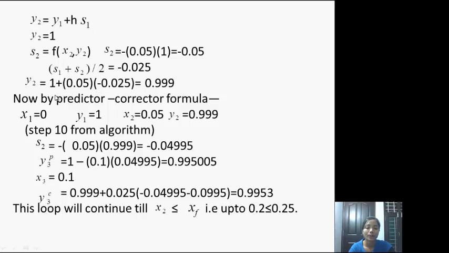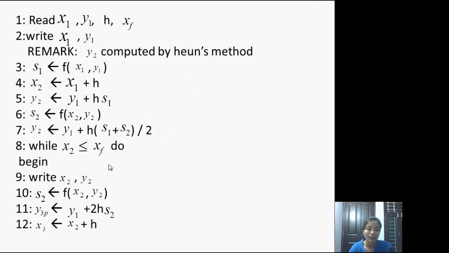Now next, by the predictor-corrector formula, our x1 is 0, y1 is 1, and we have calculated the value of x2, that is 0.05, and y2 is 0.99999. Step 10 from the algorithm is f of x2 comma y2, the slope of the straight line at the next point.